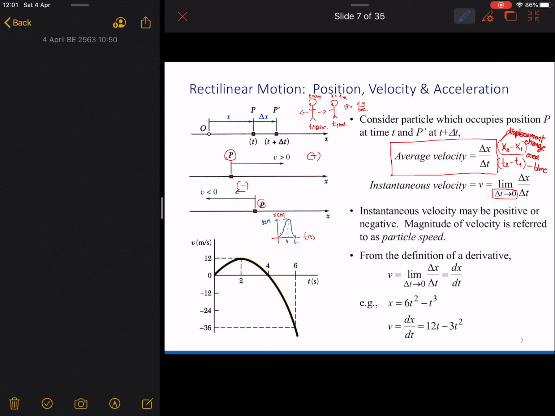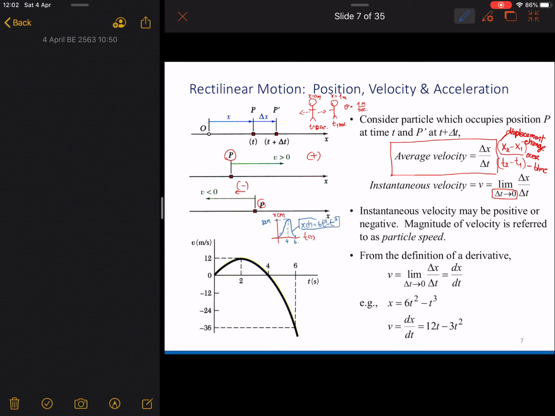Now what we did here is we say the function for x of t is 6t squared minus t cubed. This is the formula for this curve.